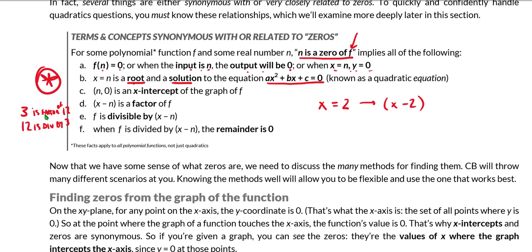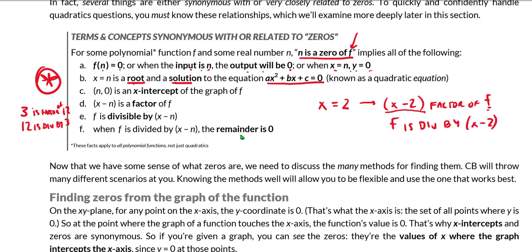I'm just sort of flipping around the framework there. Well, in the same way that I can say that x minus 2 is a factor of some function f, I could also say that f is divisible by x minus 2.